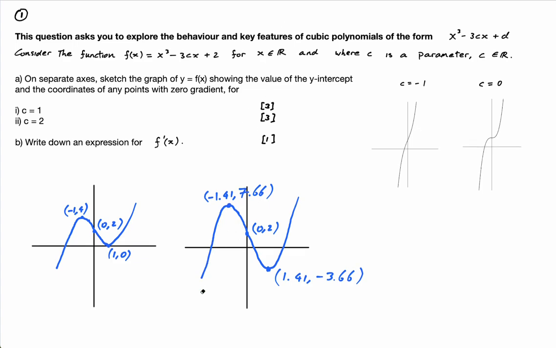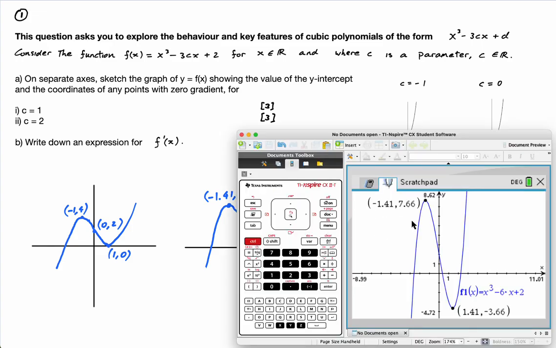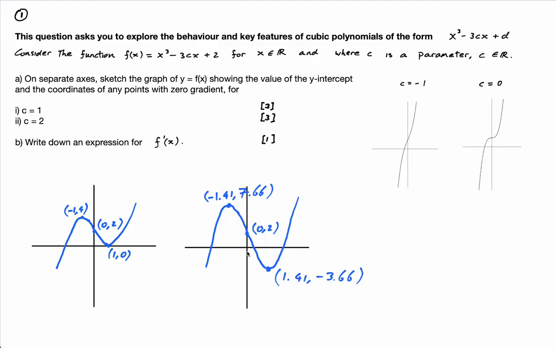Maybe it shouldn't be turning like that. Something like that. But again, definitely I would get 4 marks for that. Let's just look at this to be sure. Negative 1.41, 7.66, 1.41, negative 3.66, and 0, 2. Good. Okay, definitely get my marks for that. Maybe I should have said that's x and y, and that's x and y.